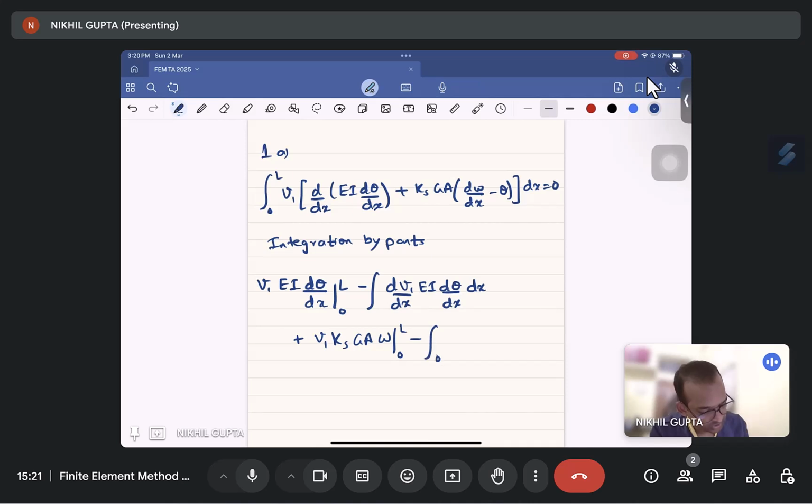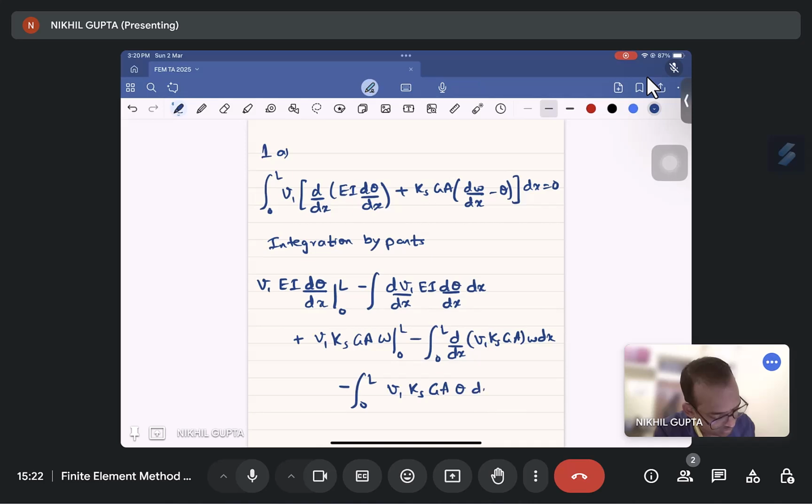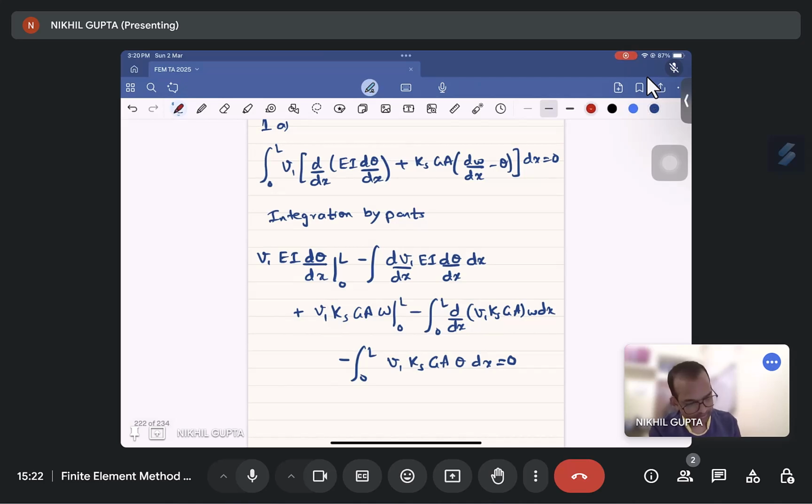Then minus integration of 0 to L of the remaining term, d by dx of v1 ks GA w dx, and minus integral 0 to L of v1 ks GA theta dx equal to 0. So this full expression is the weak form of the first equation.